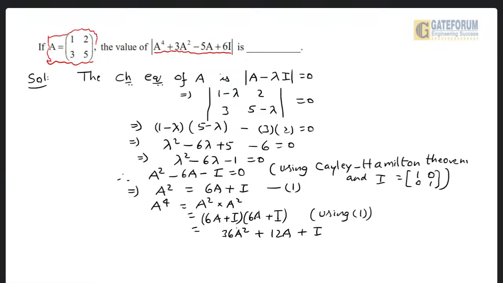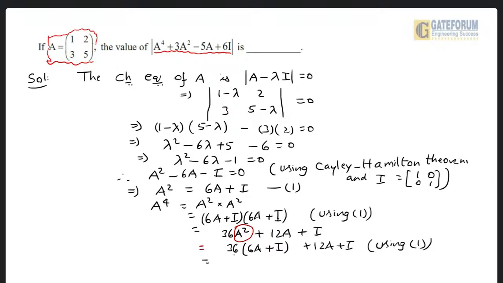So once again we got an A square term. So eliminate this A square using 1 as many times as it is obtained. This can be written as 36 into, again A square is 6A plus I, plus 12A plus I, using 1.